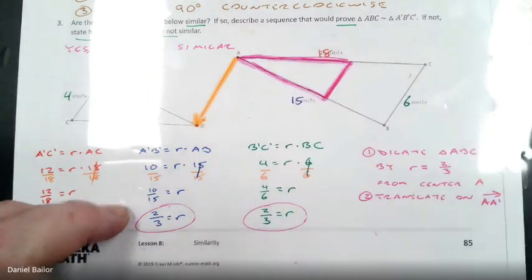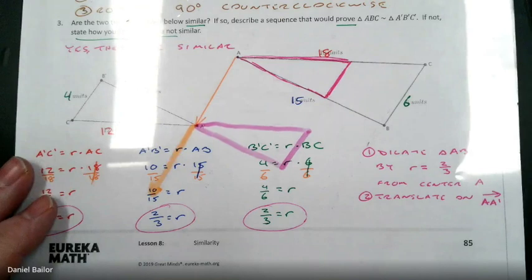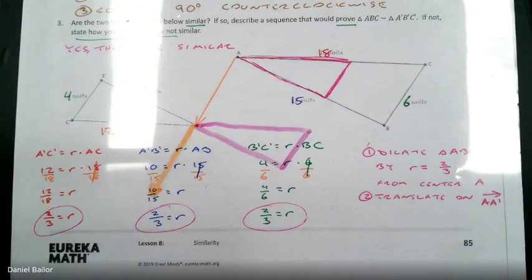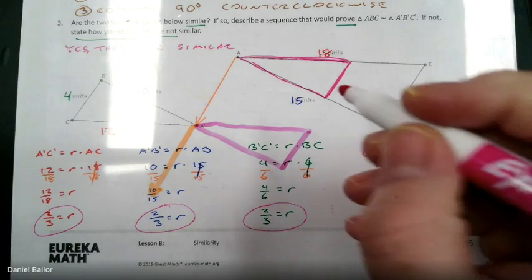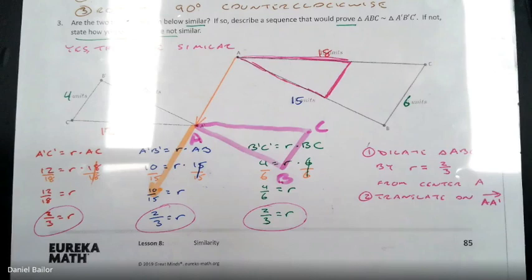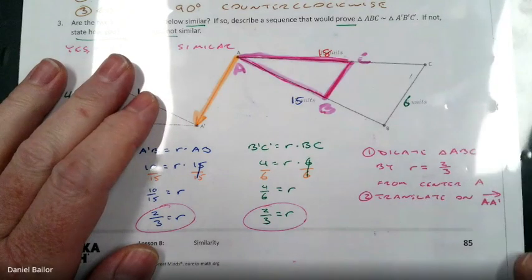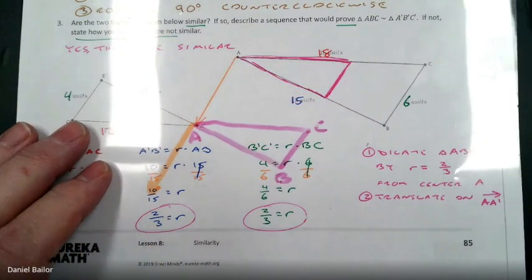And then I follow this vector A prime, to make them line up. And I'm going to label the points just so you can see. This is C, this is B, here's A. They're not lined up yet. So I shrank it to make it go pink. I followed the vector to make the A's line up.